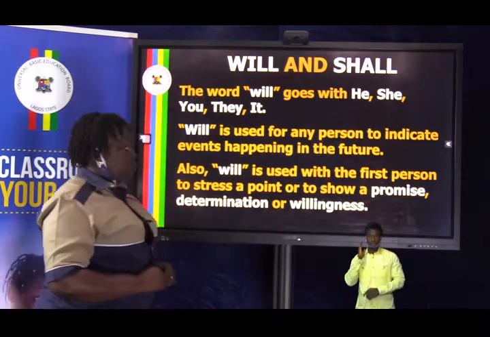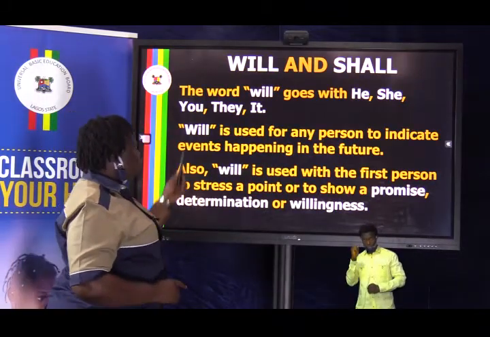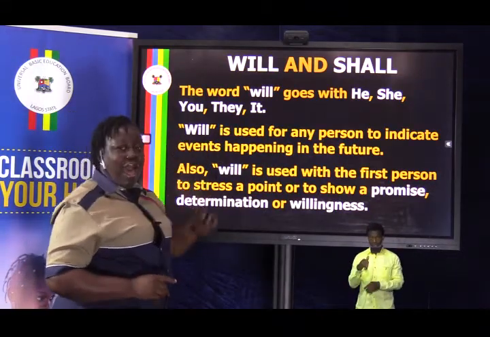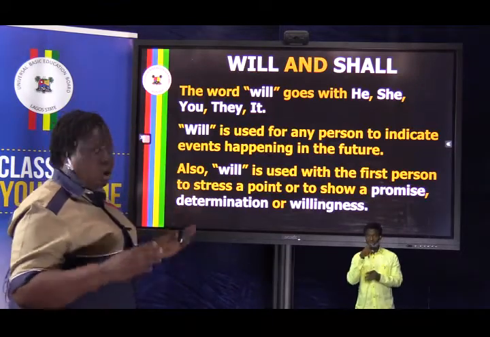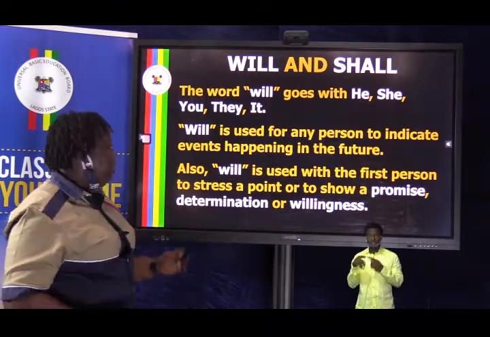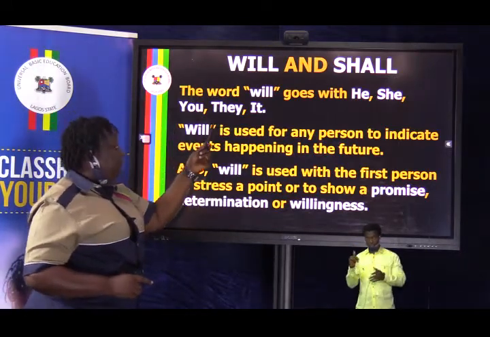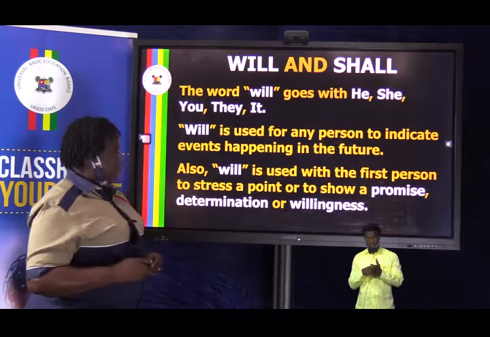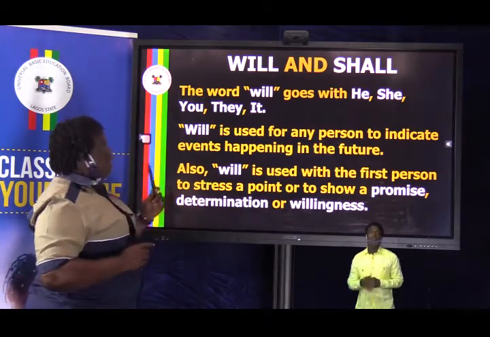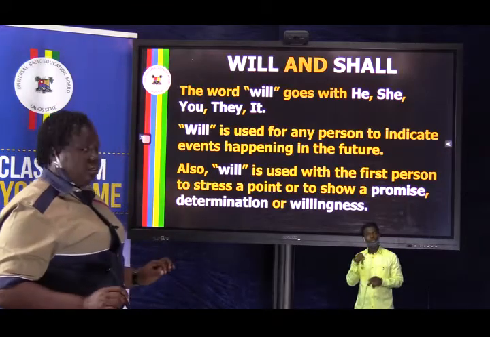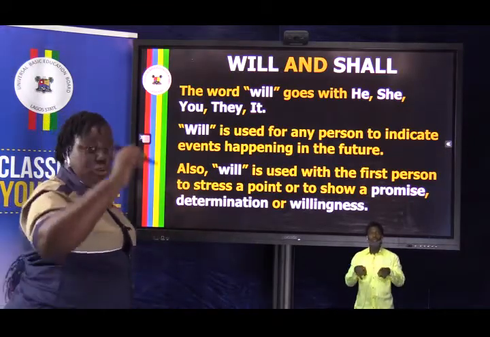The word will goes with he, she, you, they, and it. Will is used for any person to do what? To indicate events happening in the future.